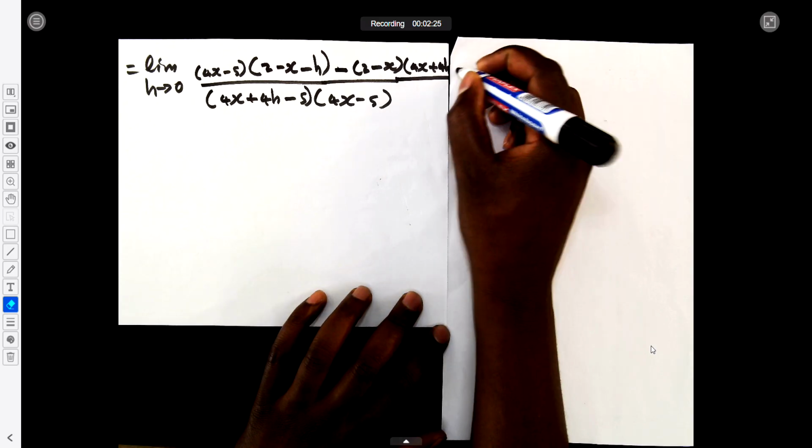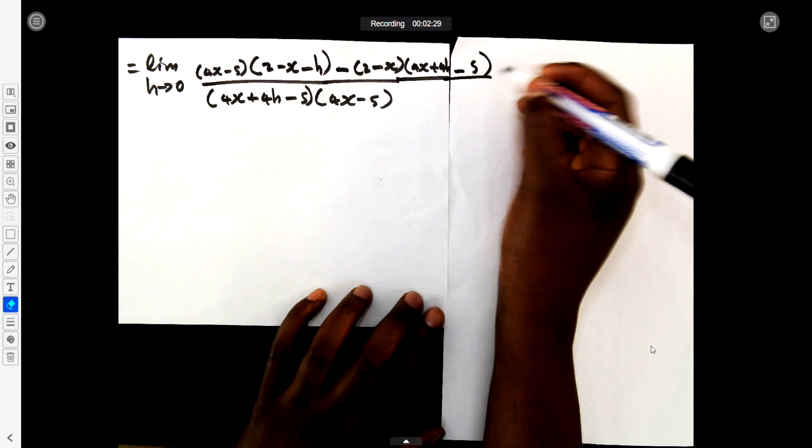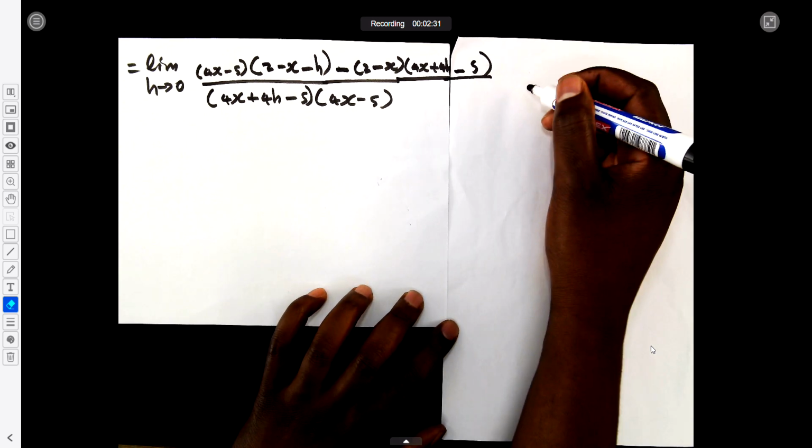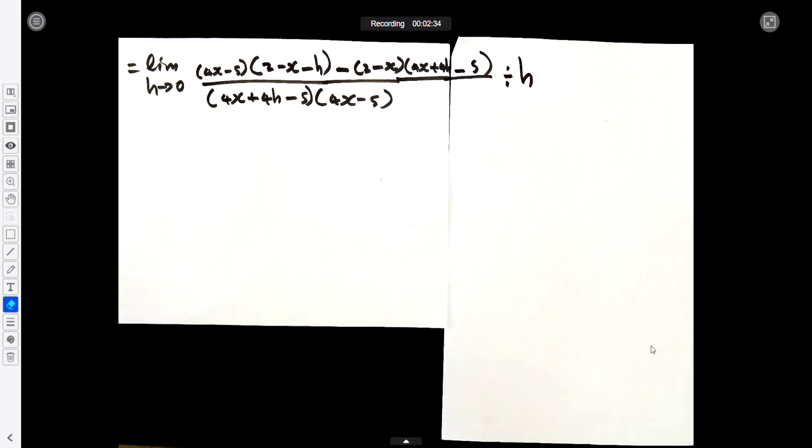Please allow me to put the division by h on that side, so it's still dividing the whole fraction, avoiding the double fraction division. We need to multiply it out now.